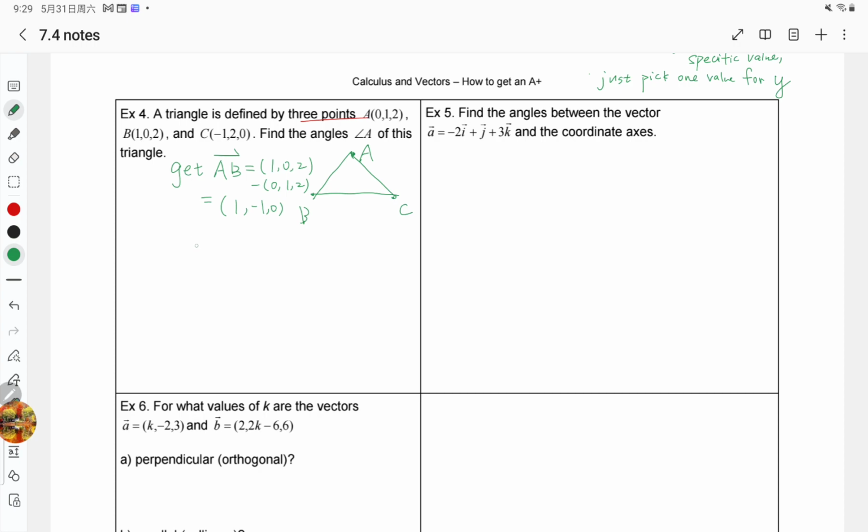Okay, and then similarly, you get BC, and then also AC, for example, and then find the angles. But of course, be careful with the direction. Okay, be careful with the direction.